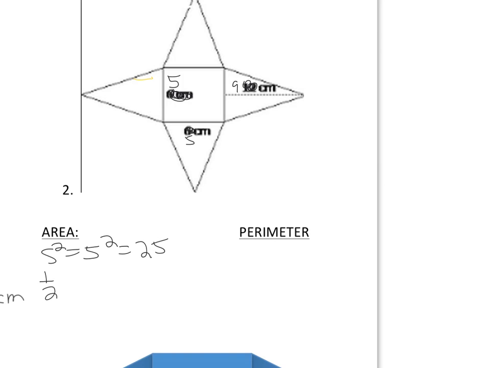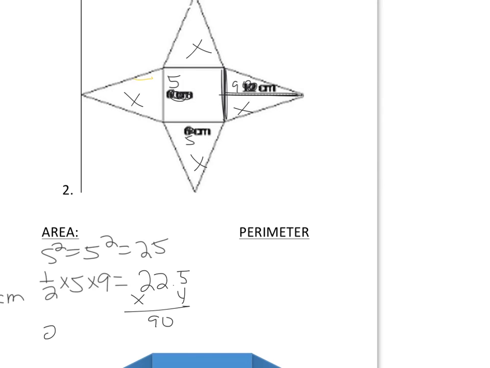You'll do 1/2 times the side length is 5, so times 5, times the height of the triangle, which is 9, which is going to give you 22.5. But remember, you got to multiply that by 4 because you've got 1, 2, 3, 4 triangles. And when you do, you get 90.